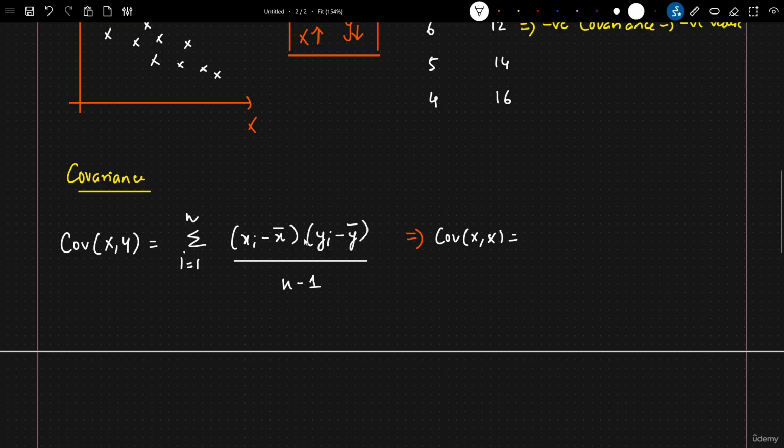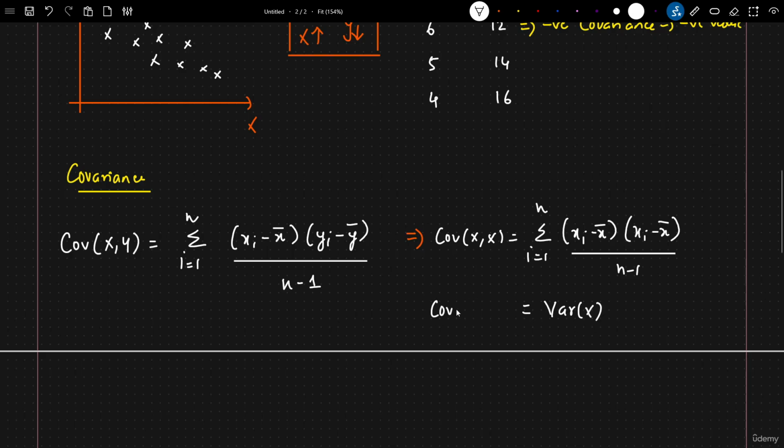It is summation of i is equal to 1 to n, x of i minus x bar, and this y side is also x. So I'm trying to find the relationship of random variable x with x. It will be the same thing, divided by n minus 1. And this is nothing but the variance of x.